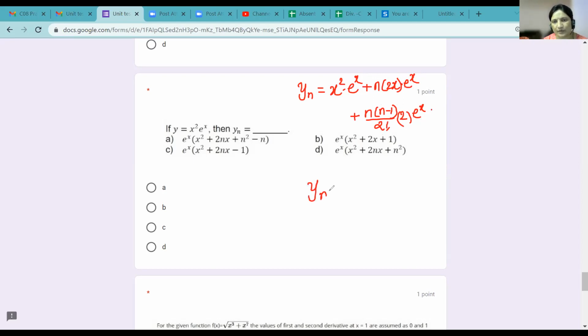So the nth derivative of this given function, taking e raised to x common, is x square plus 2nx plus n into (n square minus n). So option A is the correct option.